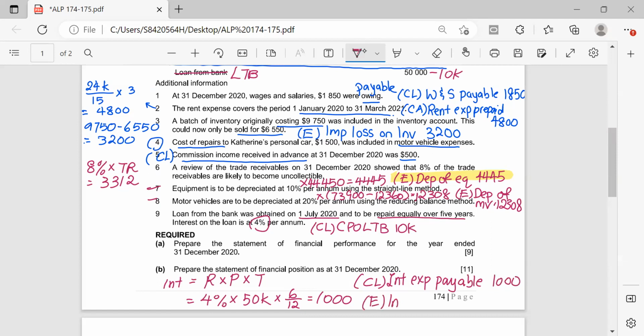So this is your interest expense, the normal expense account, 1,000. So wherever you have interest, you need to calculate with the formula. If it's for 1 whole year, then you just take rate times principal. But in this case, it is half a year only, so you need to prorate it.